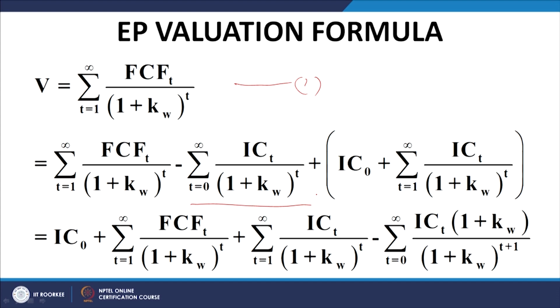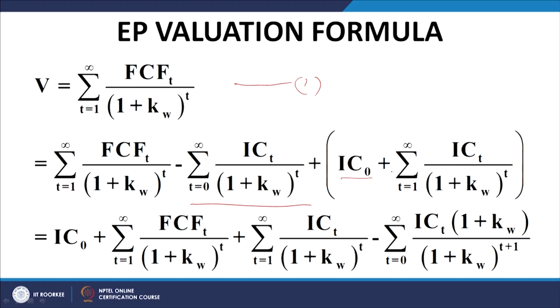In other words, if you look at the summation indices, the summation in case of the term which is outside the round bracket is from t equal to 0 to infinity, and the summation which is inside the round bracket is from t equal to 1 to infinity. So, we need to add one term here, the initial term, in order that the two be equal.